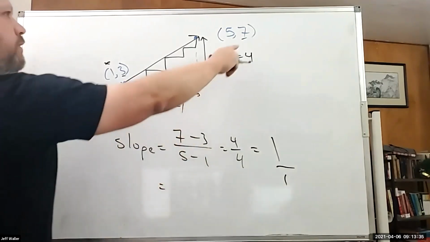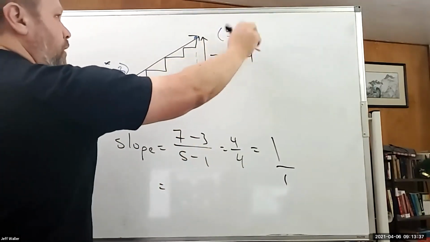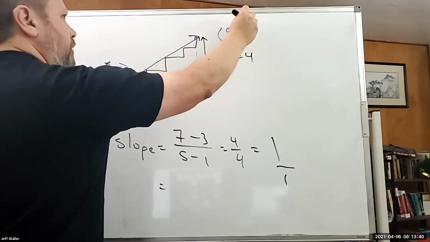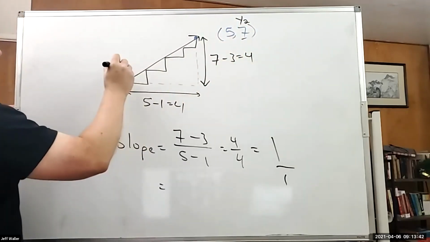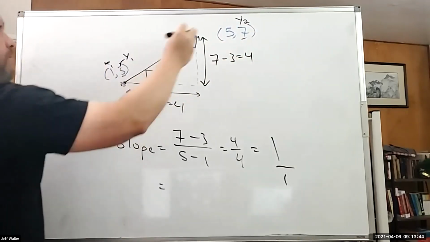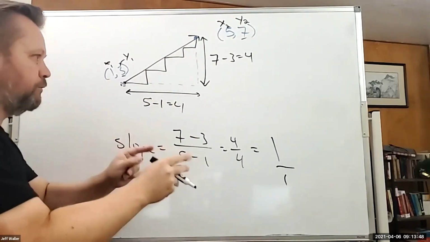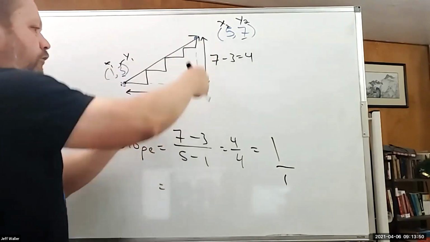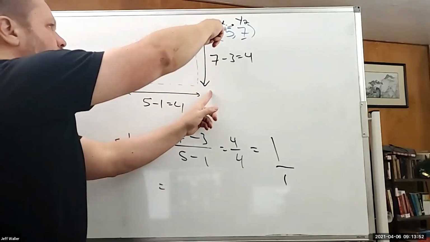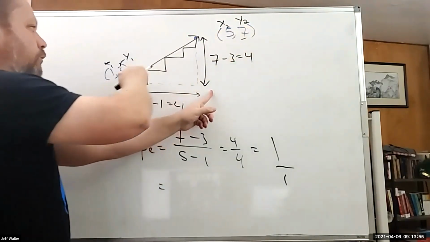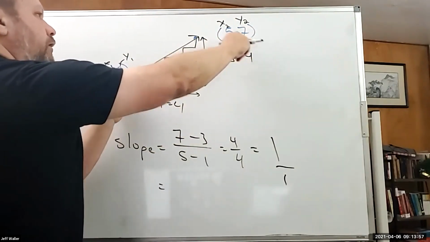Well, you can see how it connects. What was 7? Wasn't that the Y piece of the second point? And 3 is the Y piece of the first point. Slope is rise over run. How do I figure out how much it rises? I do the difference in the Y's. How different are the Y's?